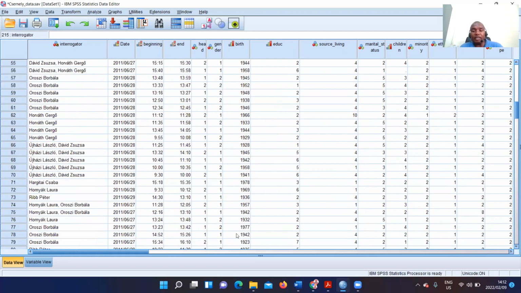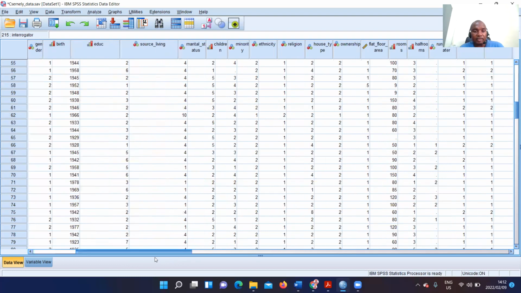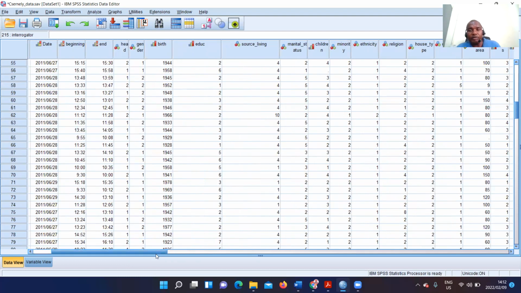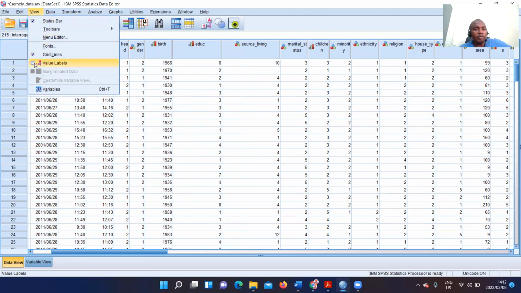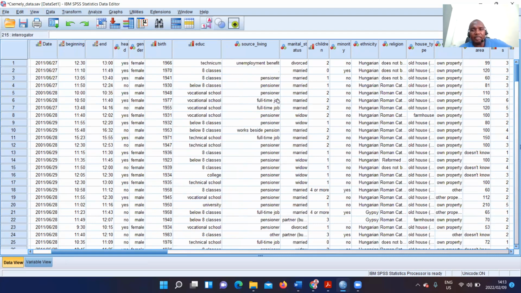And then the other thing which I need to point out before I start covering the basics of data analysis under SPSS is that here we're given numbers. These numbers are the codes that were offered for the various options. If you want to see the actual options that were given, you go to the value labels themselves, and then you click there, you tick, and then the information will appear accordingly.